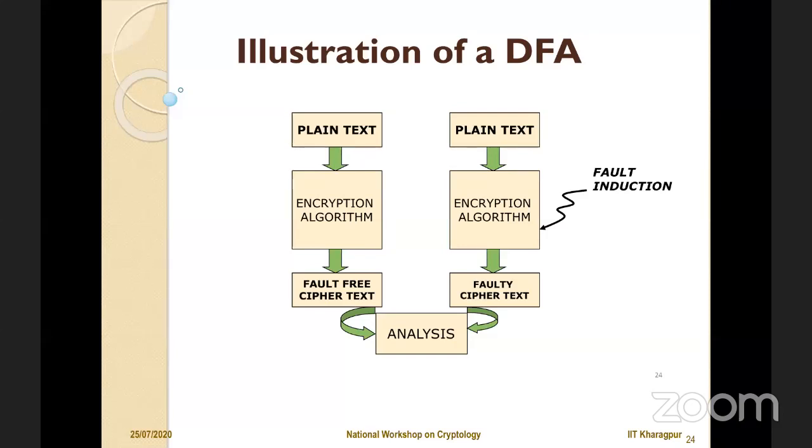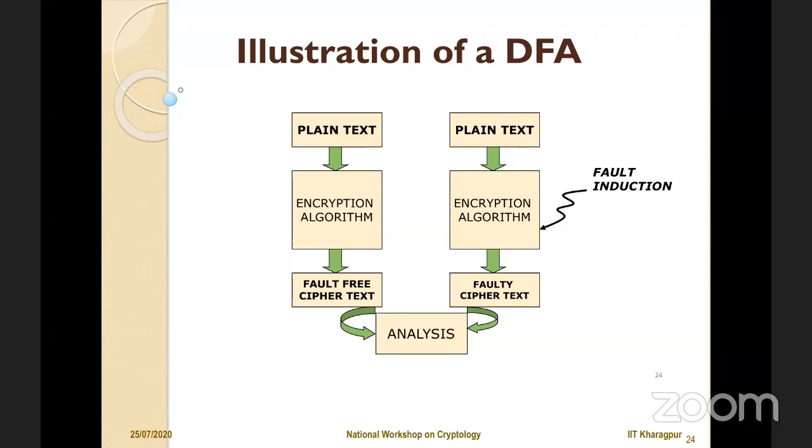But in a DFA, when in the second instance you are again obtaining your ciphertext, you try to perturb the environment. You can create a change in the voltage line or the clock line in some simple setups, or you can try more sophisticated injection techniques, like shooting an EM gun, or something more fancy like taking a laser gun and shooting, and that creates a fault.